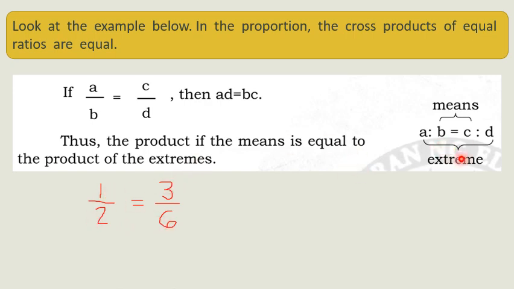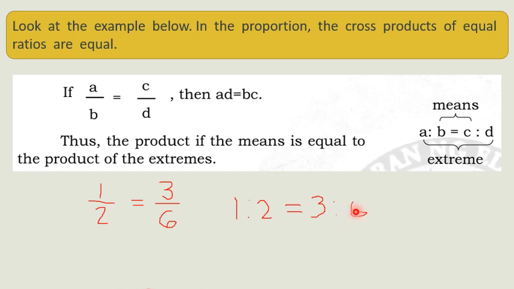So, ano po ba yung means and extreme? Kapag sinulat natin ng ratio, halimbawa, 1 is to 2, magiging 1:2, yung may colon na ginagamit natin. Equal siya sa 3 is to 6. Napatunayan na natin yan kanina kasi pag pinag-multiply natin, pareho sila ng product. Yung mga nasa labas, yung nauna at saka yung huli, ang tawag diyan ay extreme.